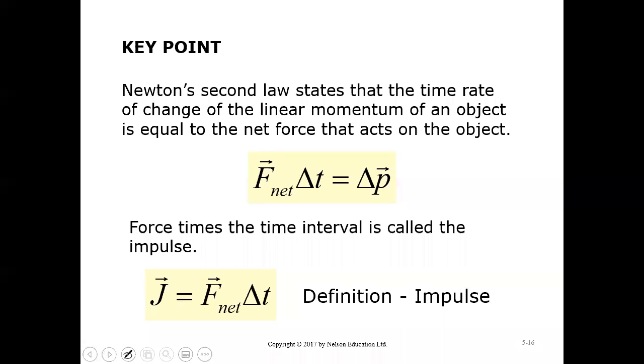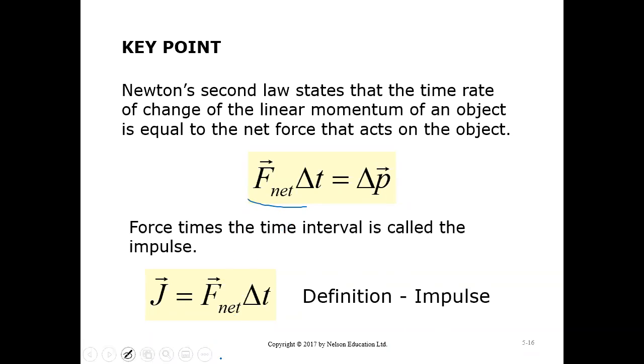Now, having defined the net force like that, we can also show an important principle, which is the law of conservation of momentum. And we also introduce another concept, which is called the impulse.